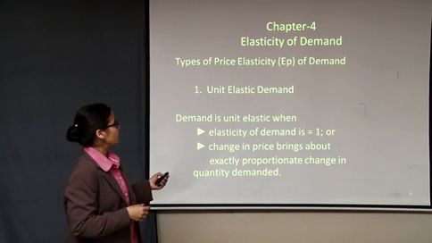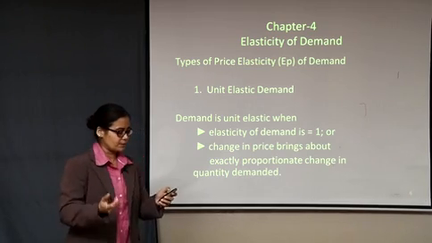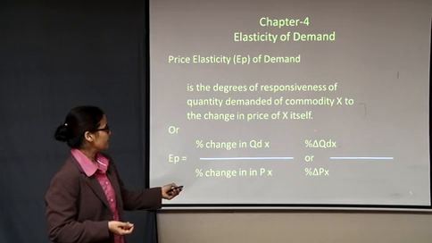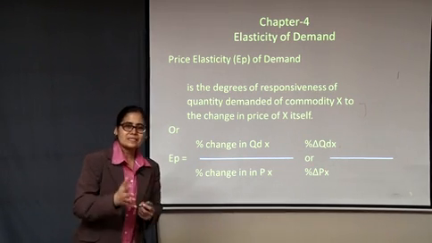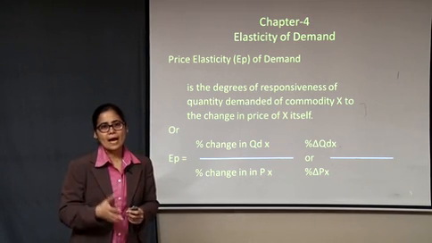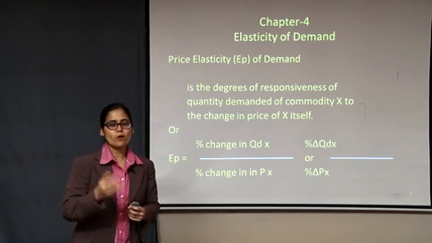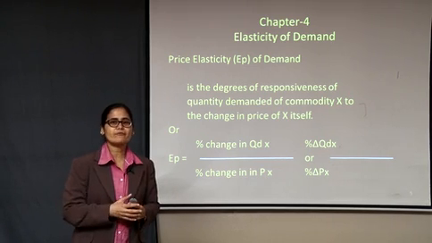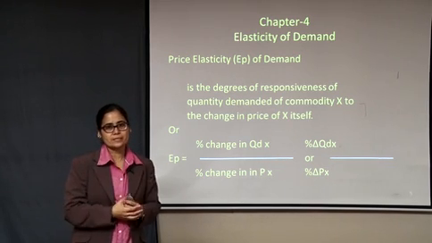Before you go into the details, let's go back to this formula. See, percentage change in demand of X upon percentage change in price. Let's say that the price of petrol goes up by 2%. Because the price has gone up by 2%, the demand for petrol will fall by, let's say, 8%.